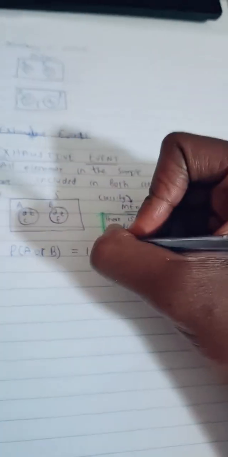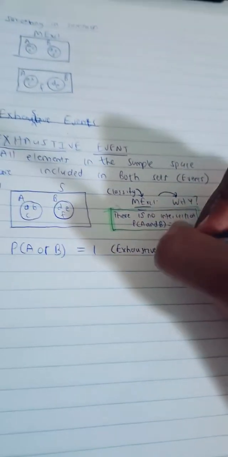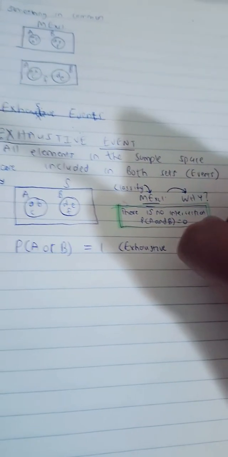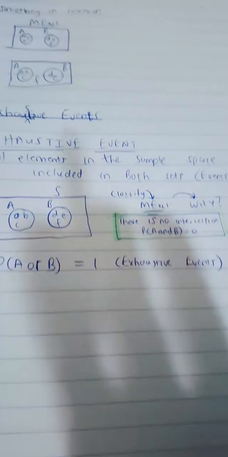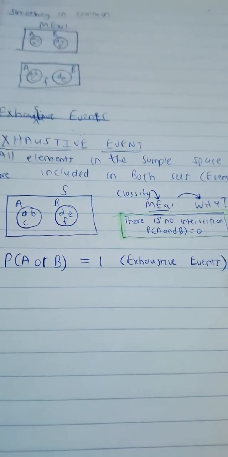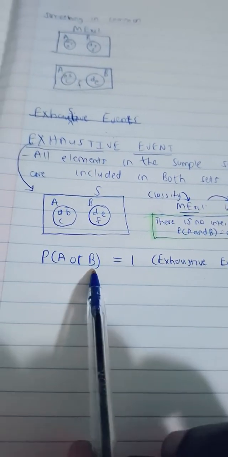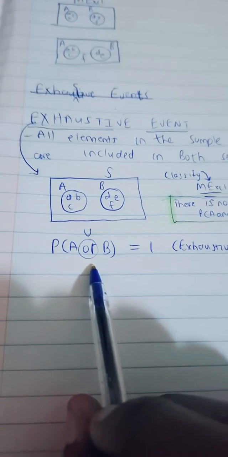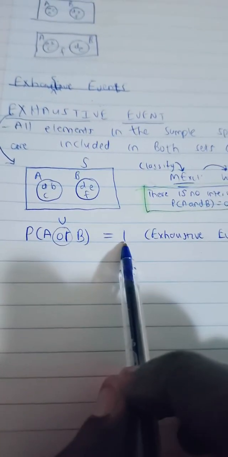This denotes exhaustive events, and I will plug you in as to how we get here. The probability of A or B, meaning the union, should give us 1.